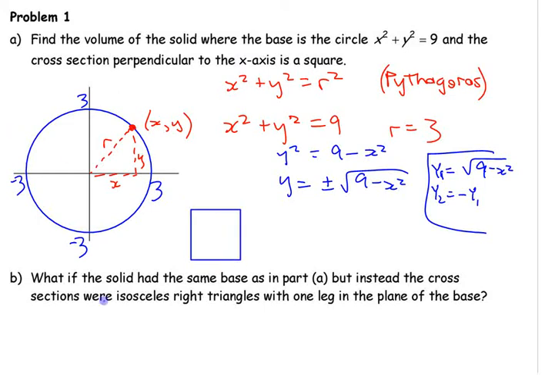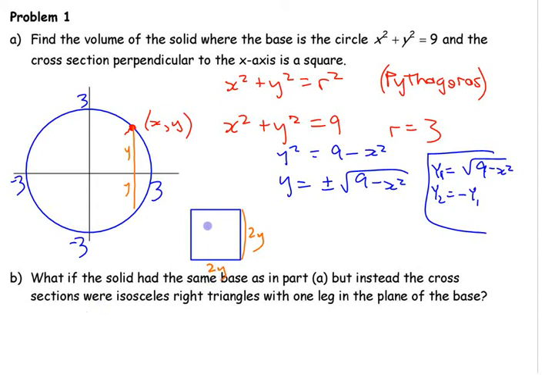Think about what this has. This distance right here, we can get rid of this because we don't need that anymore. This thing is this right here. So if this is y and this is y, this is 2y, right? The side of the square is 2 times y, and it's a square, so that's 2 times y.